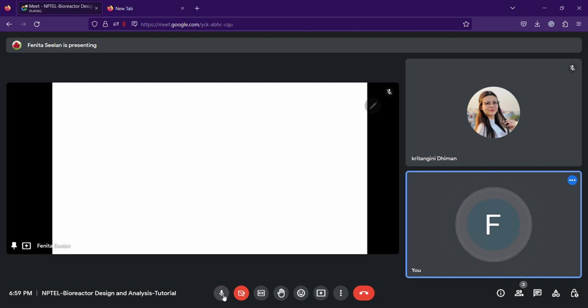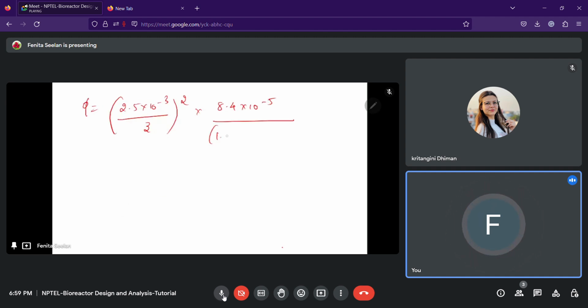We do that. This is psi equal to 2.5 into 10 power minus 3 divided by 3, whole square, into 8.4 into 10 power minus 5 divided by 1.88 into 10 power minus 9 into 8 into 10 power minus 3. If you solve this, we'll get the value of psi.